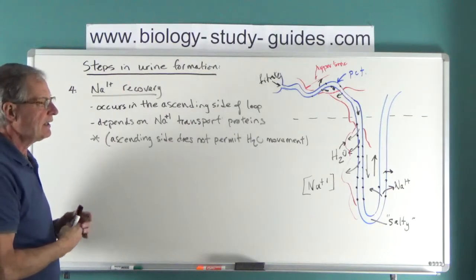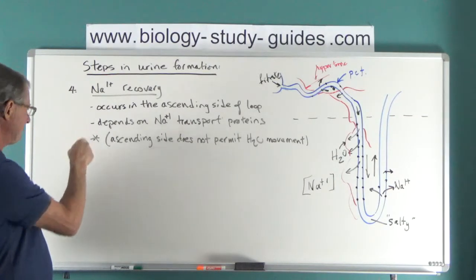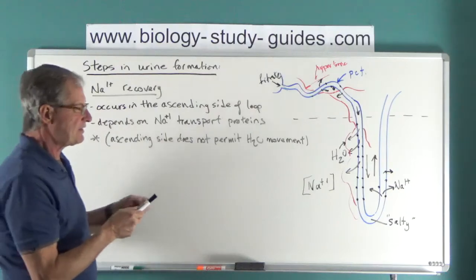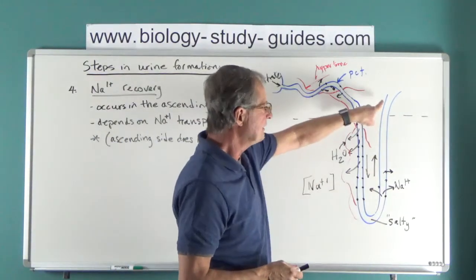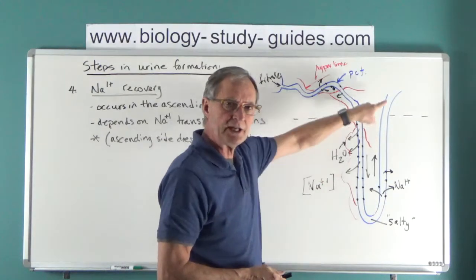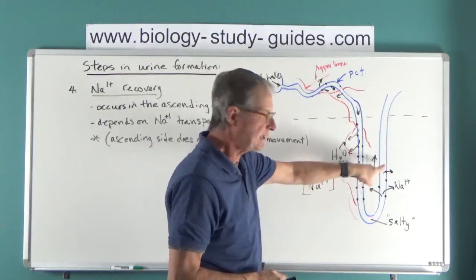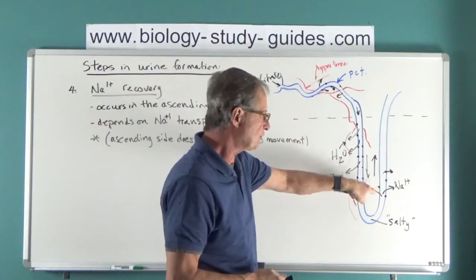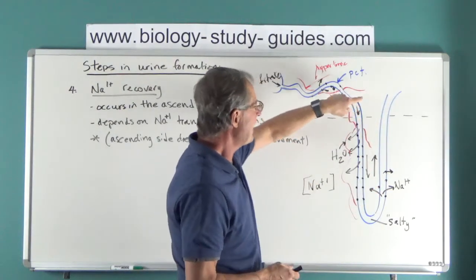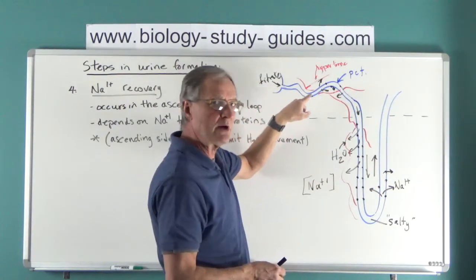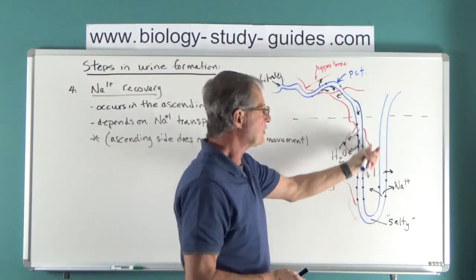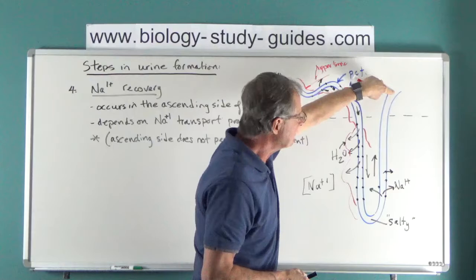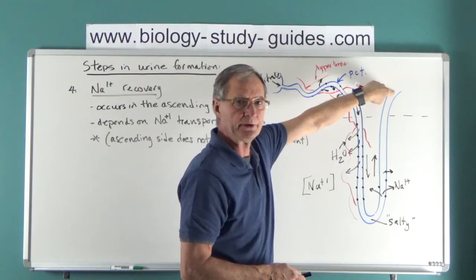which is good. Another thing I should comment on, I'll put a fourth point down here, is that by the time this filtrate gets up here, it's not so salty anymore. The salts are being removed, the ions are being removed, sodium, chlorine being removed. So what we have, we're concentrating urine. We have water removed here, it's salty, now we get the salts removed, so what we have up at this point is almost urine.